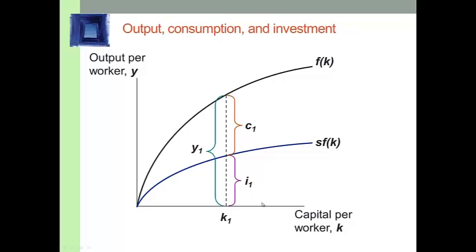The key intuition of this graph is that as capital per worker increases, output per worker increases, and therefore consumption per worker and investment per worker increase. So from this graph where we represent all the key equations of the Solow framework, we can tease out the implications for economic growth.